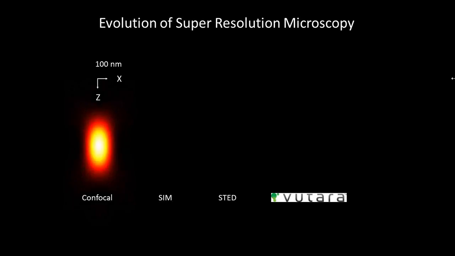You could do multicolor, Z-stacking, and live cell imaging, but one of the main limitations has been the resolution, which is basically you're limited to about 200 nanometers in XY and about 500 to 600 nanometers in Z. So if you want to study biological processes with structures that are below the diffraction limit, then that is a serious limitation.